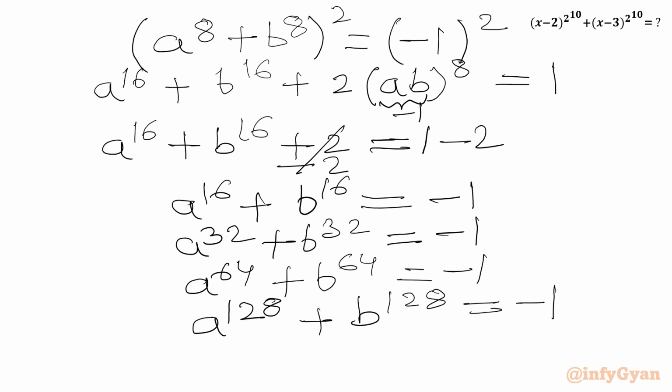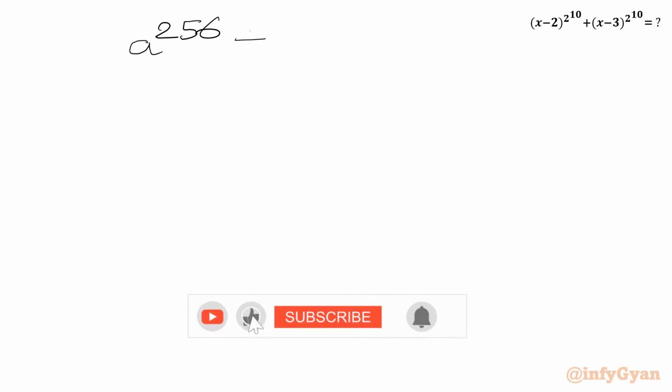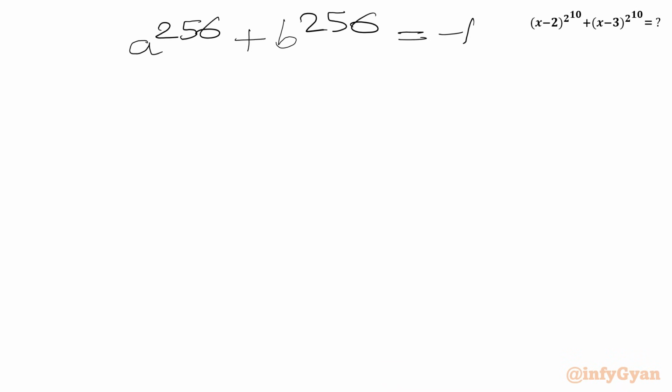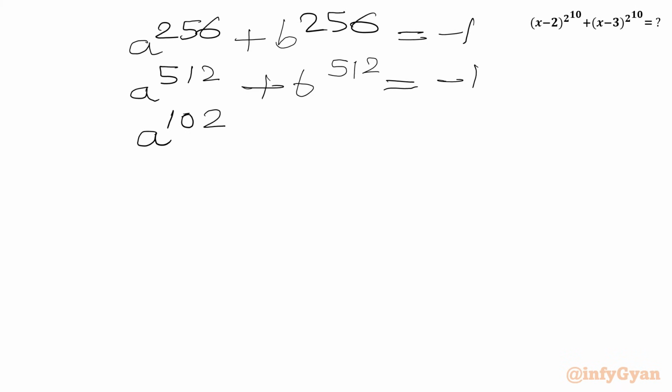Again we will be squaring both sides, and we will get a²⁵⁶ + b²⁵⁶ equal to -1. We'll be squaring once again, and we will write a⁵¹² + b⁵¹² equal to -1. And now we have to square for the very last time. And we will get a¹⁰²⁴ + b¹⁰²⁴ will be equal to -1.